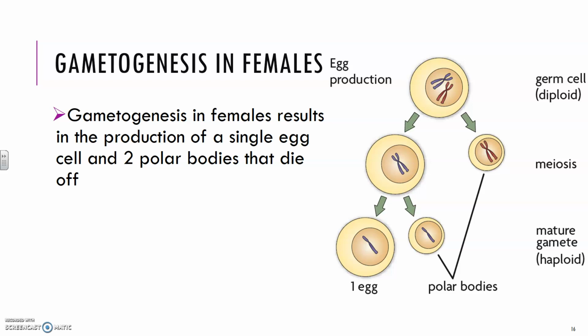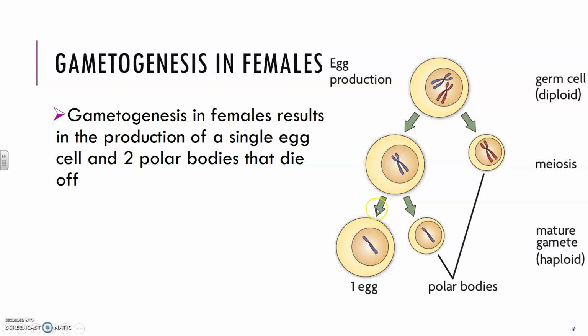Now the smaller one, the one that barely got anything out of this division, isn't going to be able to survive like that, so it is actually going to die off. It is called a polar body. Then when you go through the second round of division, it's much the same way.